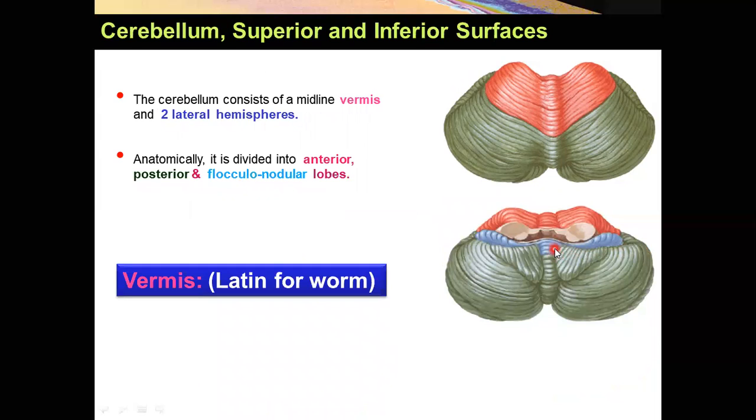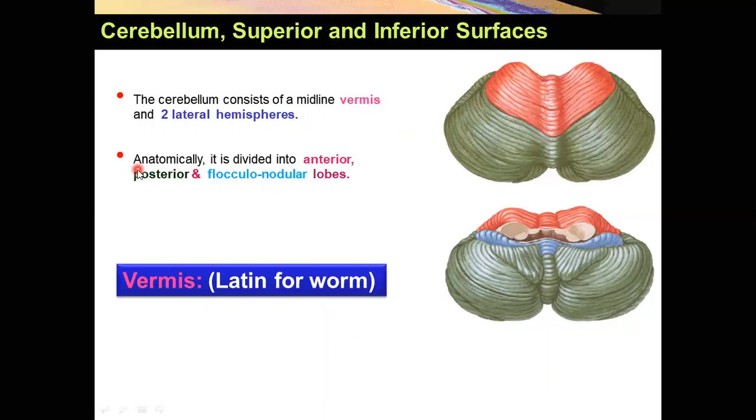Okay, and similar to the cerebrum, the cerebellum consists of a midline vermis. We don't see this vermis in the cerebrum, but like the cerebrum, the cerebellum has two lateral hemispheres. So these are the cerebellar hemispheres.